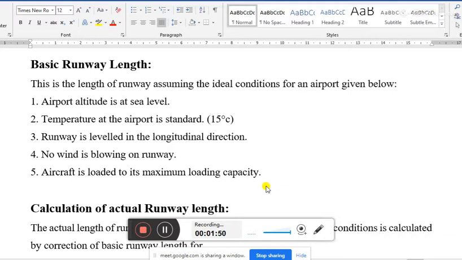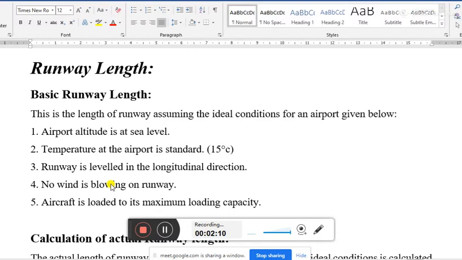That means this basic runway length is defined with the aircraft loaded with maximum loading capacity, maximum factor of safety. We are defining the basic runway length.